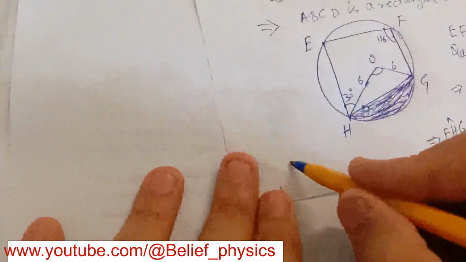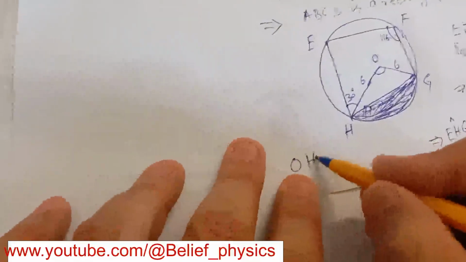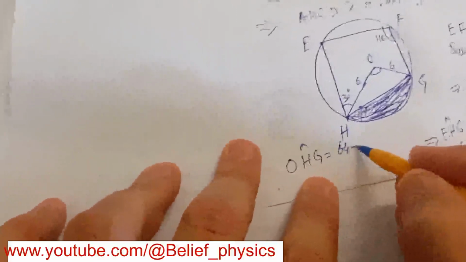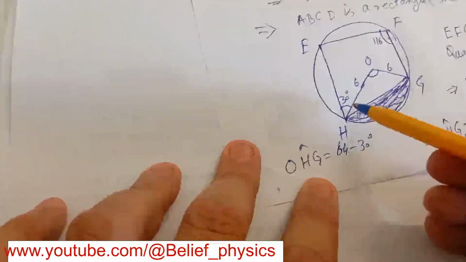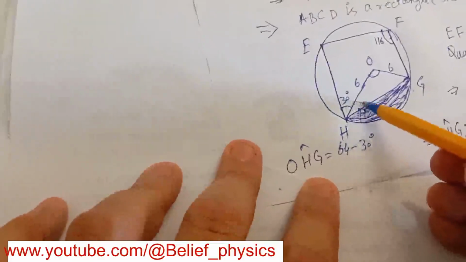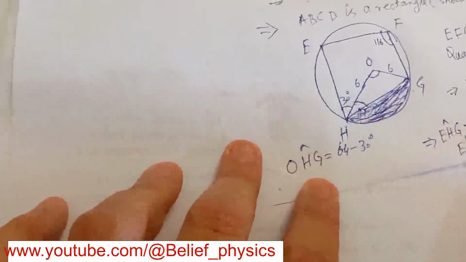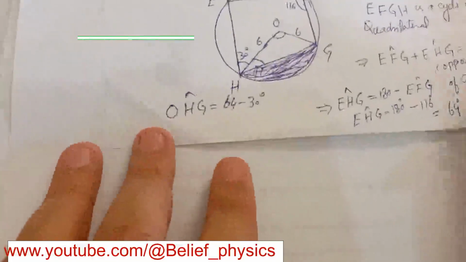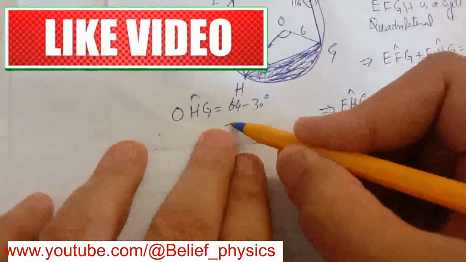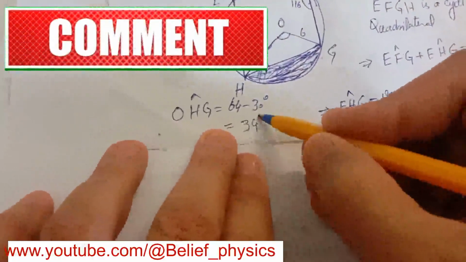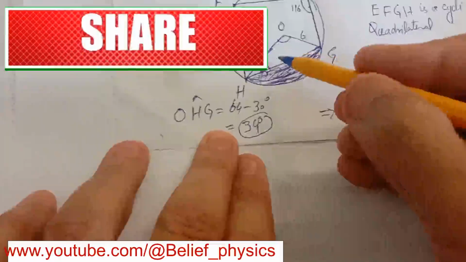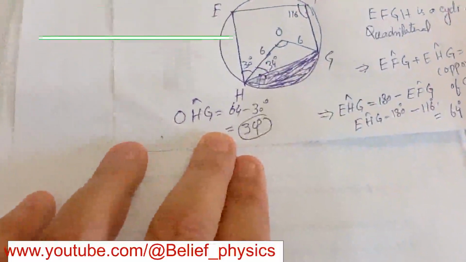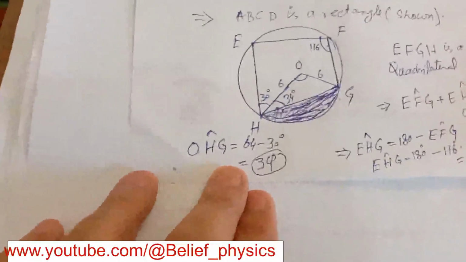So OHG will be equal to 64 minus 30, according to the figure, because this is 30 and this is OHG and the whole of this is 64 degrees. So 64 minus 30 should be equal to 34 degrees. So OHG, this angle, is 34 degrees. Clear?